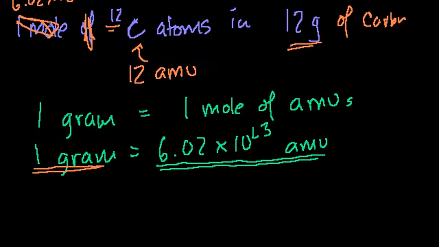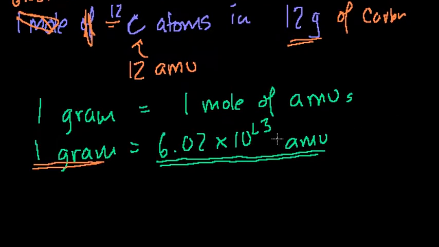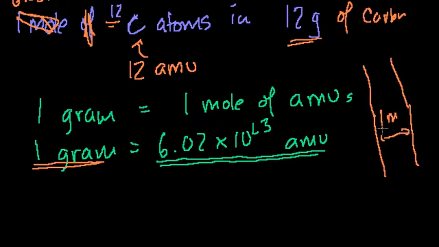And just to hit the point home, I probably should have talked about this in the atom video. This is a huge number, and to maybe visualize it, I was told that the diameter of a hair, if you go this way, there are 1 million carbon atoms that way.